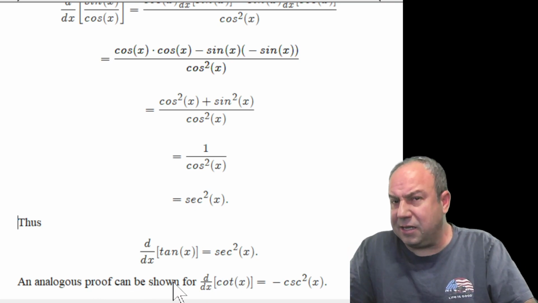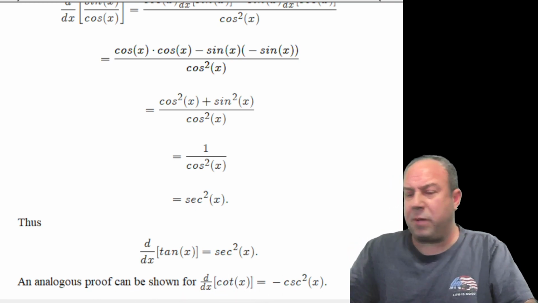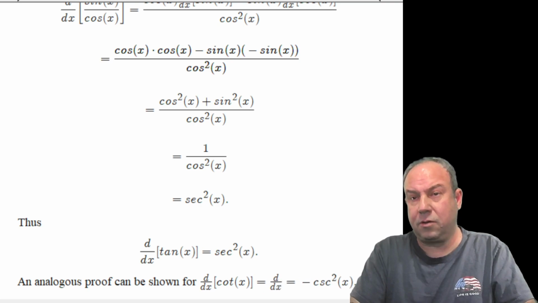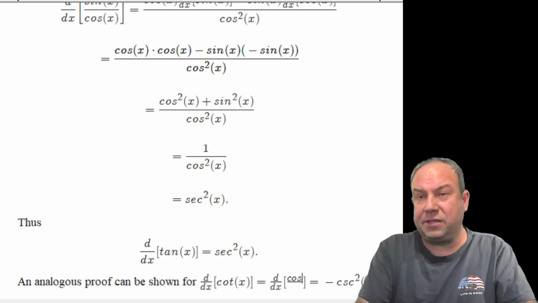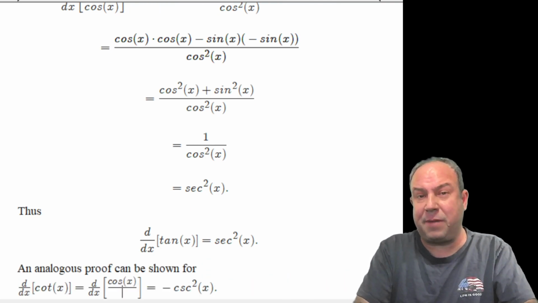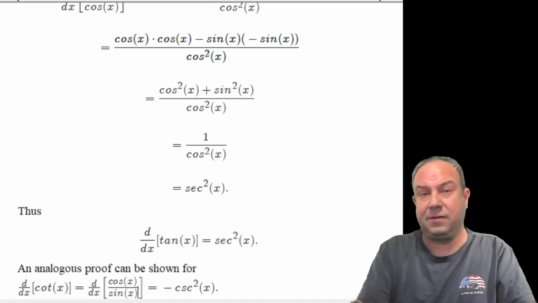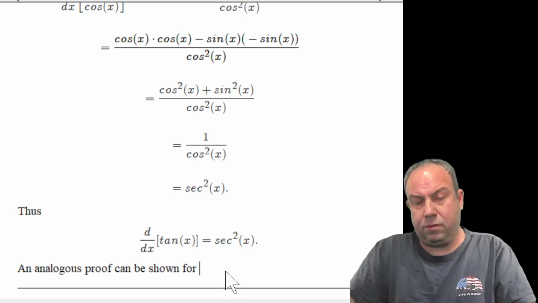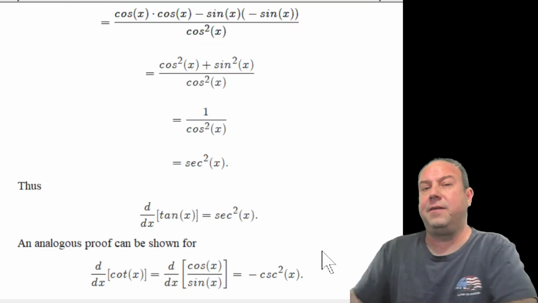And an analogous proof can be shown for the derivative with respect to x of the cotangent. For what is the cosine of x divided by the sine of x? Let me go ahead and highlight that.